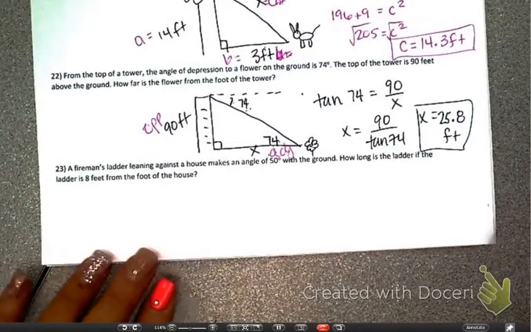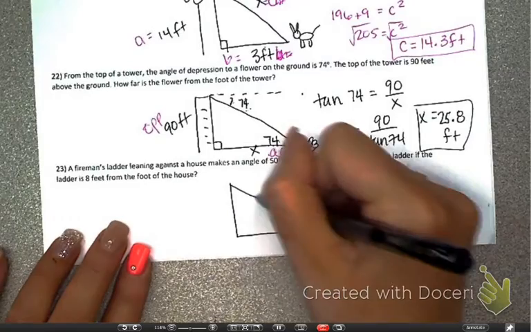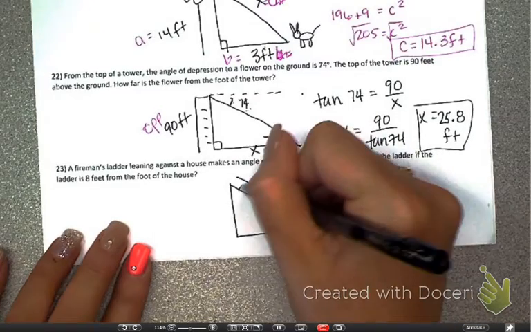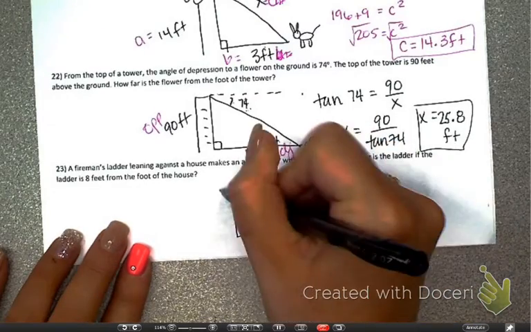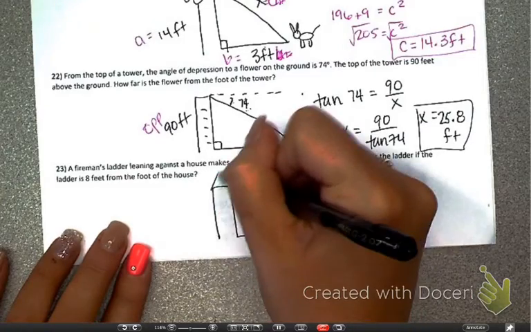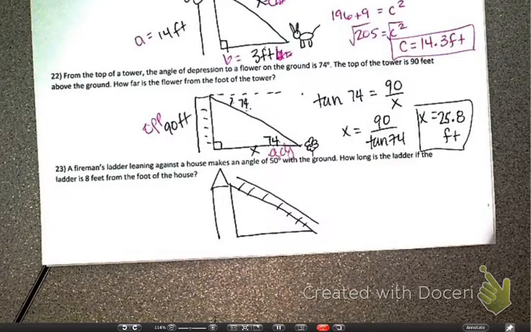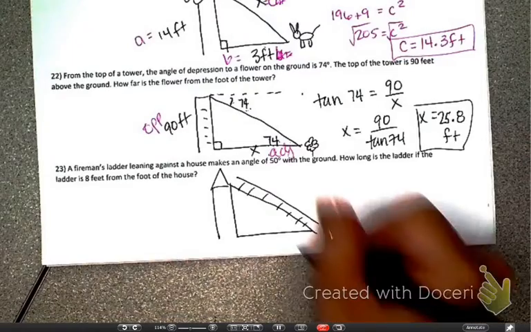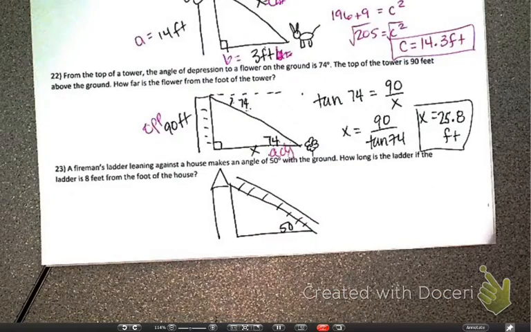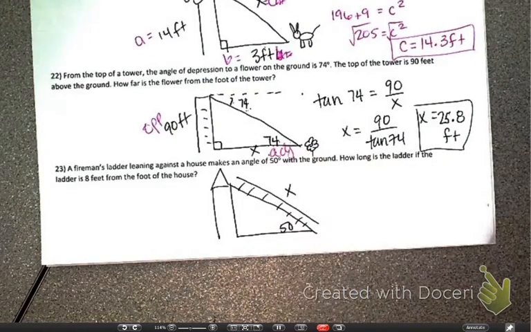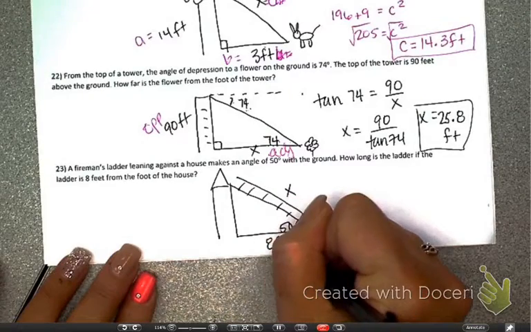A fireman's ladder. This is the ladder. Is leaning against a house. That makes a 50-degree angle with the ground. How long is the ladder if the ladder is 8 feet from the foot of the house?